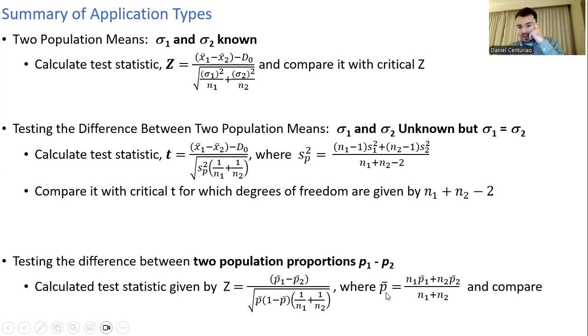Again, we have a case where the proportion of the population is unknown. We need to make the assumption that the proportion of the sample is going to be equal to the proportion of the population. If that assumption holds, what you can do is calculate the pooled version of the proportion, which is given by this formula.